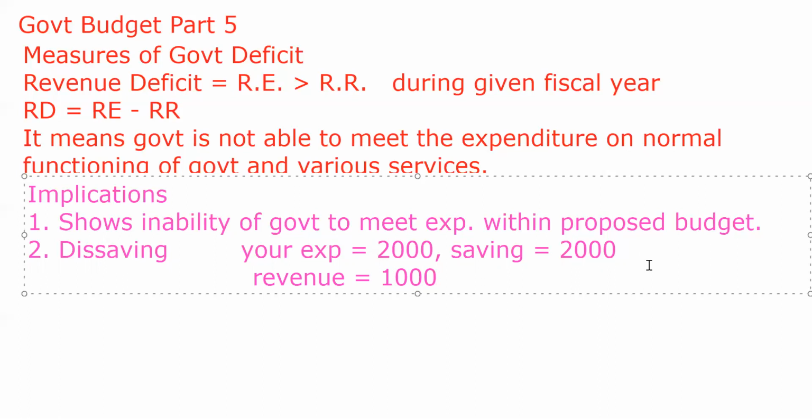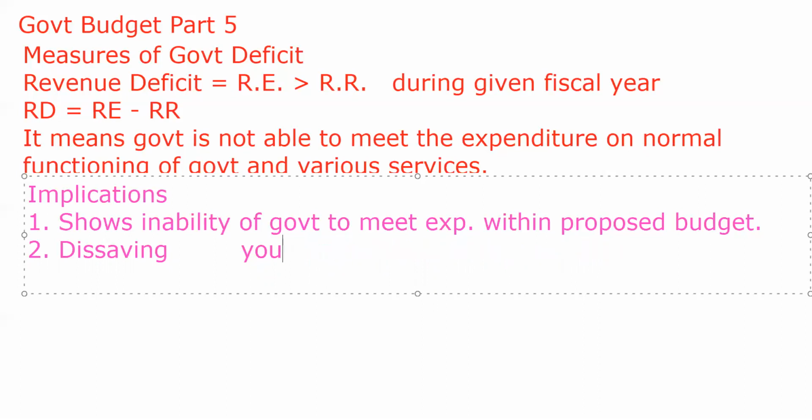This value in minus would be known as the dis-saving. When we try to meet our expenditures from the amount which we have already saved in our saving account, it's known as the dis-saving, or we could say it is a kind of negative saving.